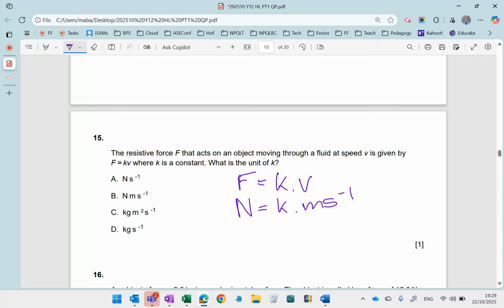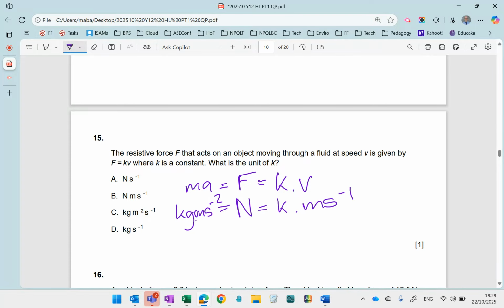We also know that force is equal to mass times acceleration. Units of mass are kilograms, meters per second squared for acceleration.